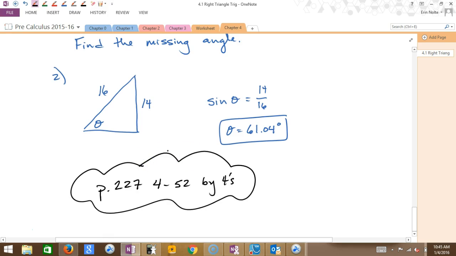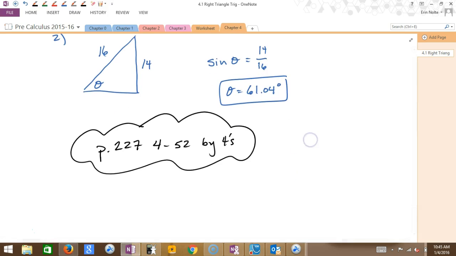Oh, shoot, thanks. Okay, so you have 4 through 52, but by 4s. That'll probably be the hard part of the assignment, too.